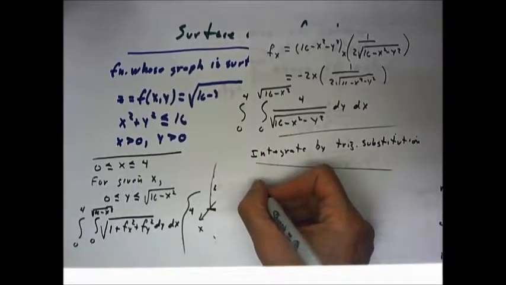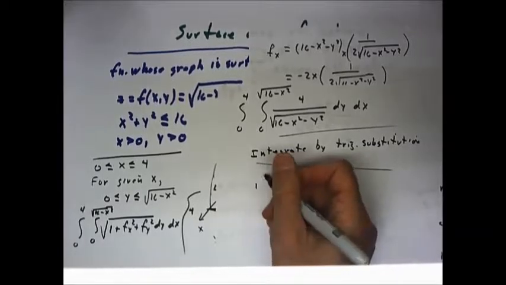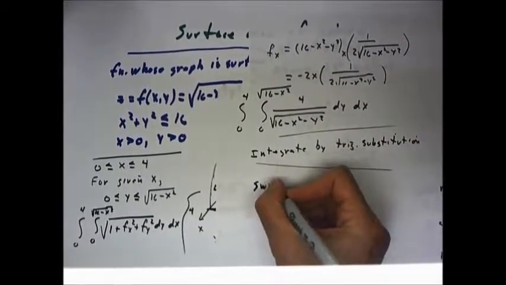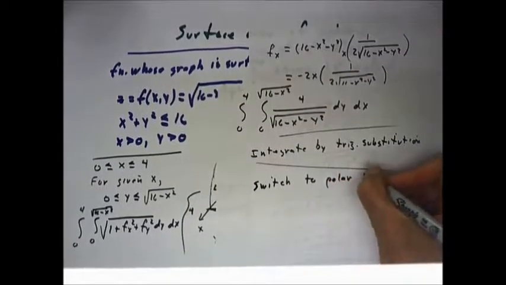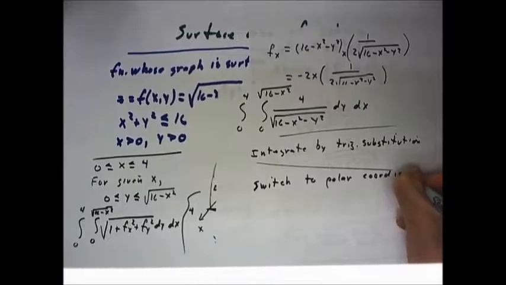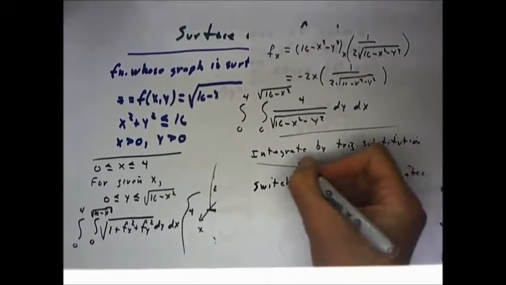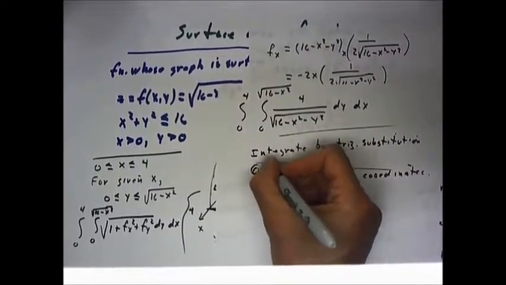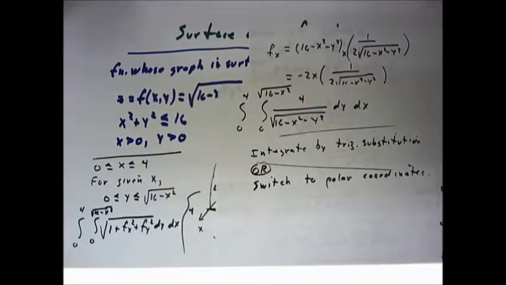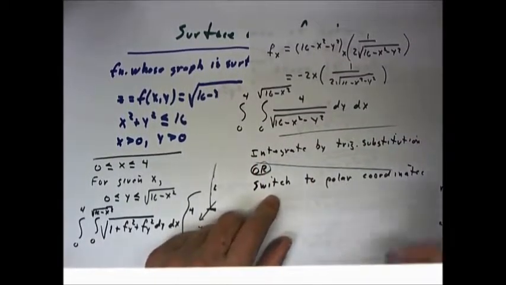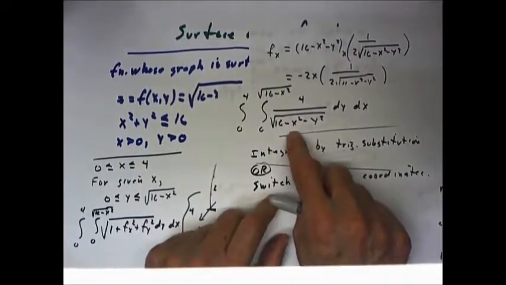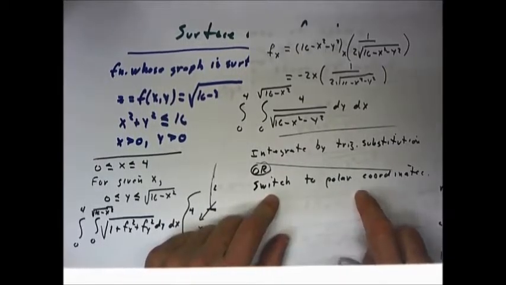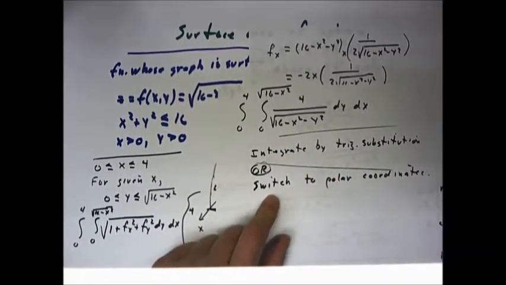Or we can switch to polar coordinates. So we can do one or the other. We might want to switch to polar coordinates because, of course, x squared plus y squared is just r squared. So let's explore that possibility first, and then we'll come back and look at the trigonometric substitution.